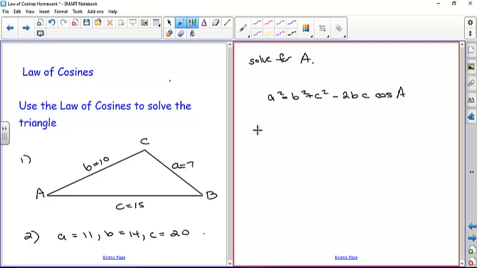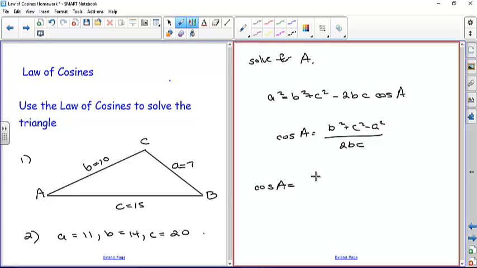I was looking at my book, and this is the standard form, or you can use the alternate form, which says the cosine of A is equal to B squared plus C squared minus A squared over 2BC. And that's just solving this algebraically for the cosine of A. So let's just use the alternate form.